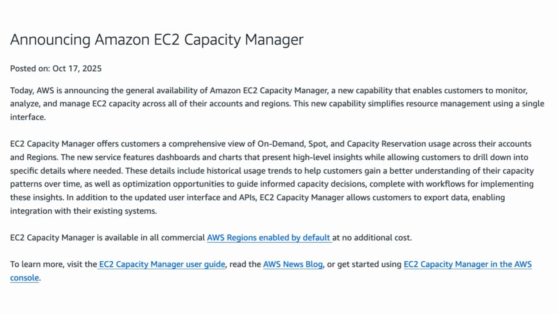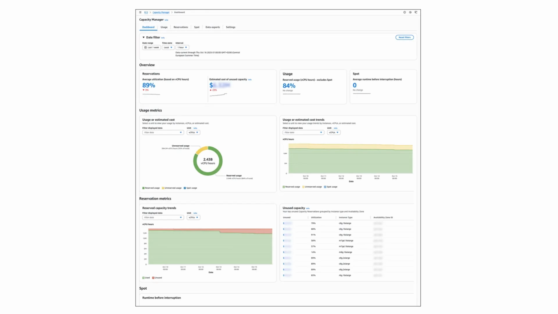Continuing on with more updates from Amazon, EC2 Capacity Manager is generally available to monitor on-demand, spot, and capacity reservations across accounts and regions. This new capability gives you a single interface with dashboards and charts that show you current capacity, historical usage trends, and optimization opportunities across on-demand, spot, and capacity reservation footprints.